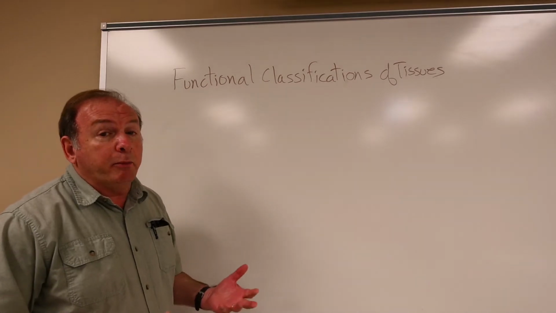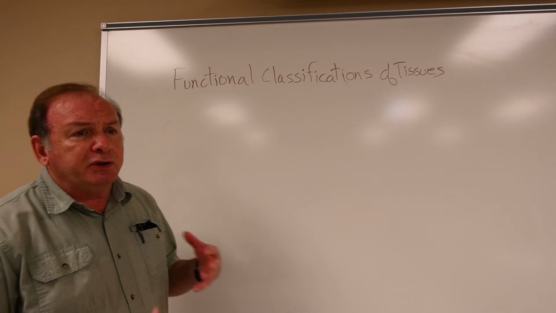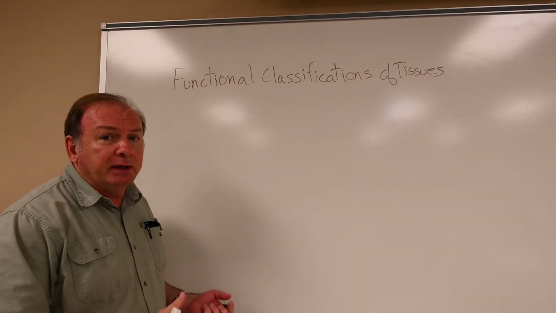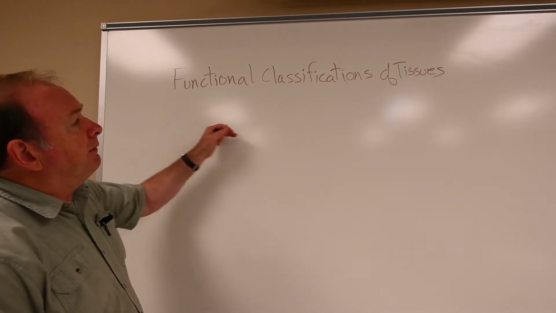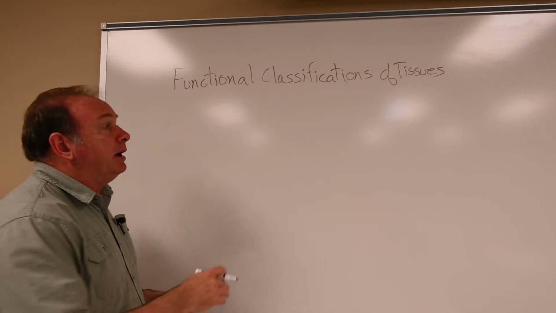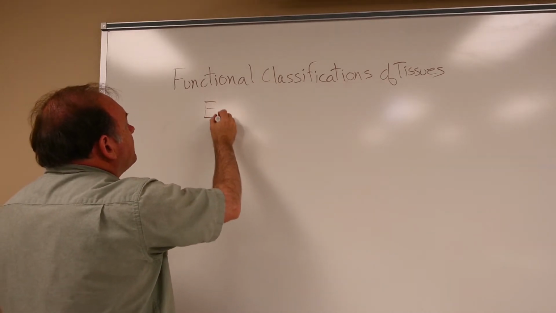Now that we have a little bit of background on the development of the different tissues, that specialization process whereby we get these specific cell types, let's talk about our functional classifications, our groupings of tissues. There are four primary categories. First of all, the epithelial tissues.